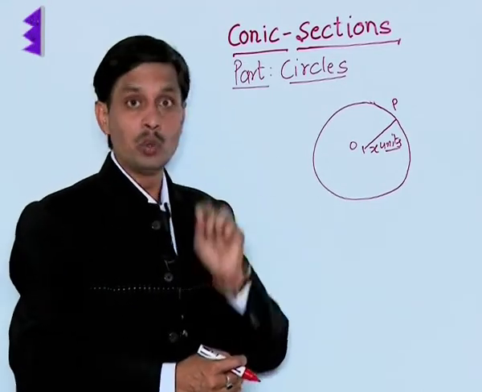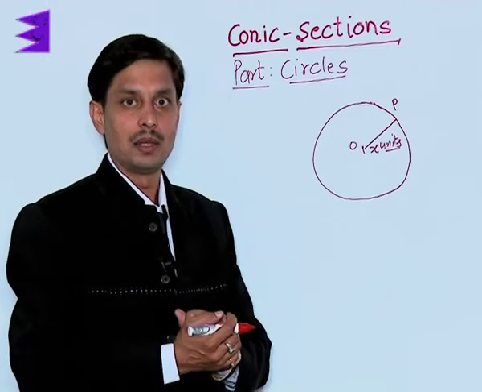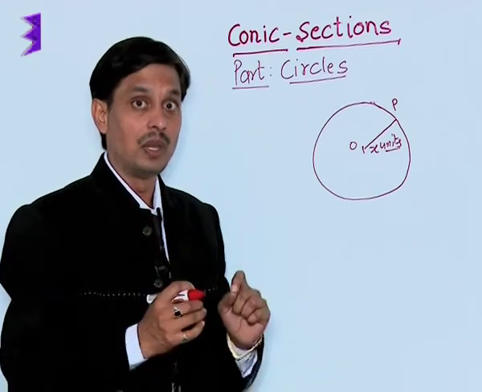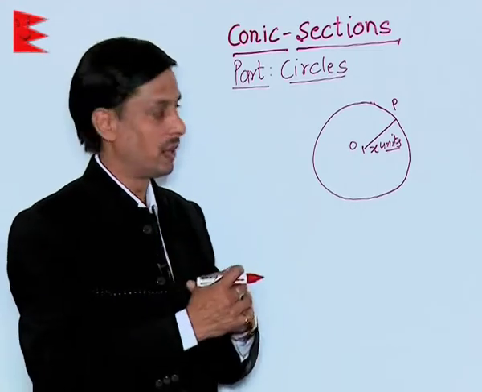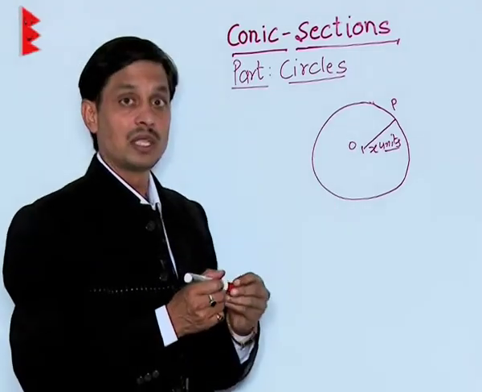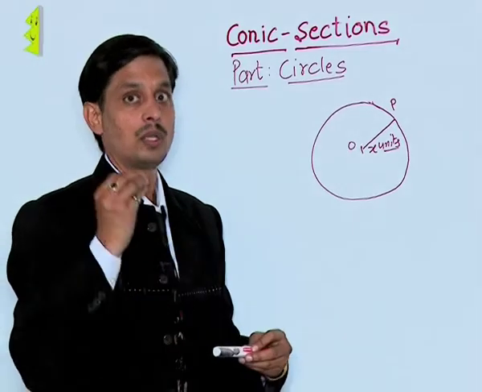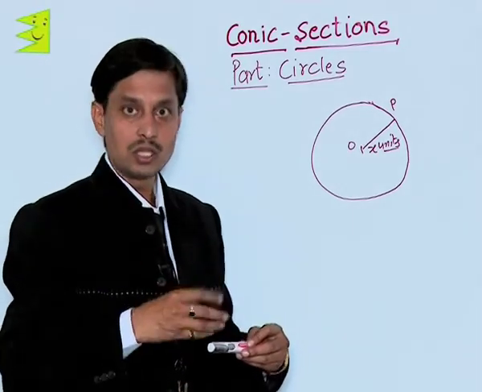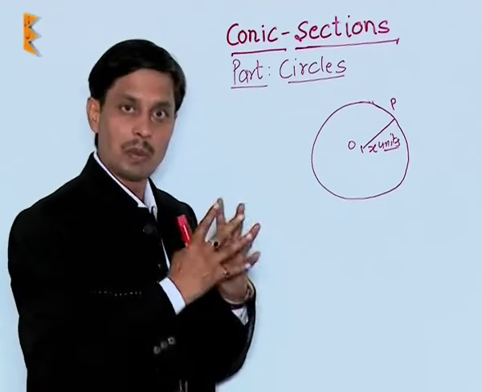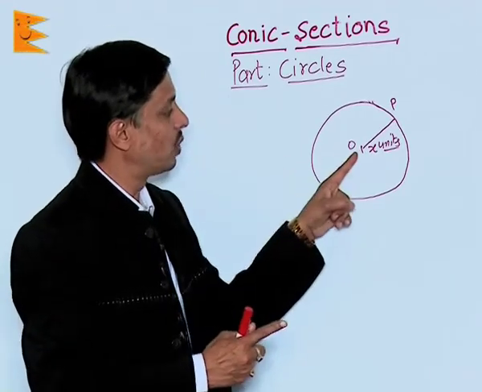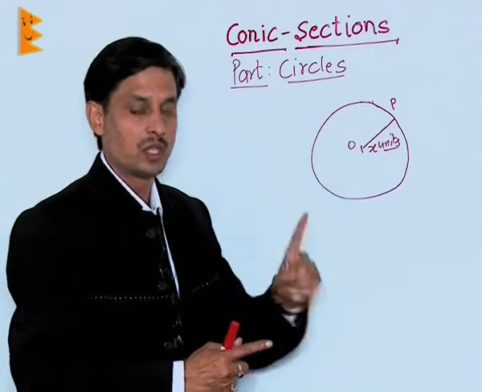If you are not using the word plane, then it is the definition in space of the sphere. So what is a circle? A circle is a group or set or locus or path or collection of all such points in a plane which remain at equal distance from a fixed point.